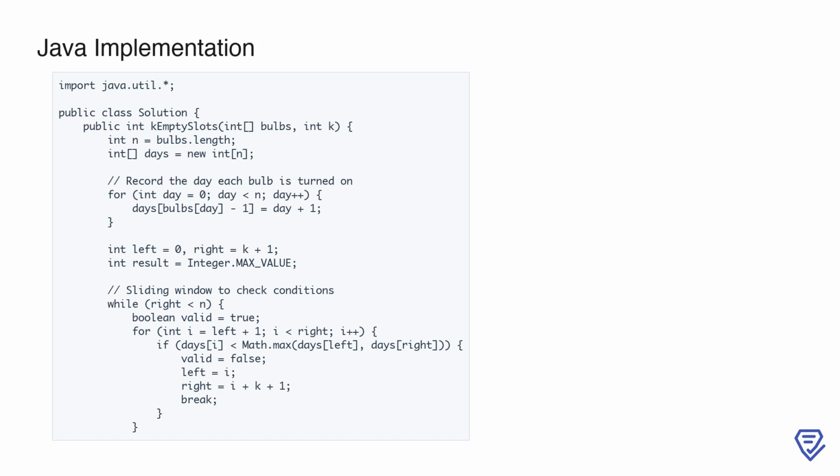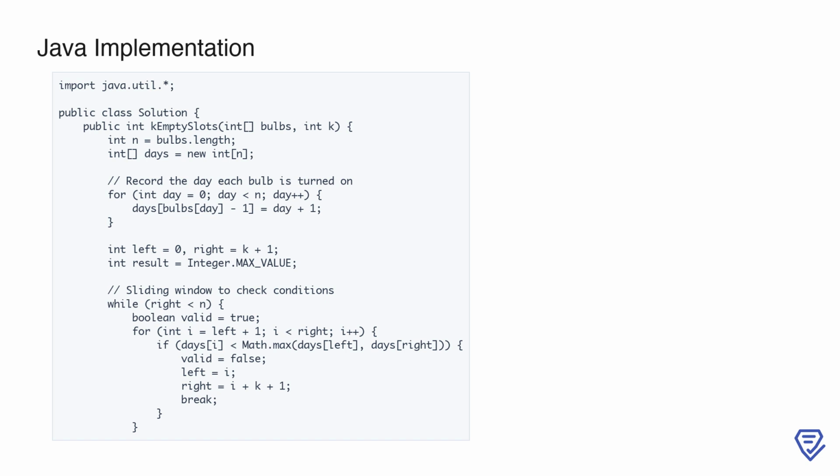Here, we start by importing the necessary Java utilities and defining our solution class. The method kEmptySlots takes 2 parameters, an array of integers bulbs, which represents the order in which bulbs are turned on, and an integer k, which specifies the required number of empty slots between 2 bulbs. First, we determine the number of bulbs, n, and initialize an array days of the same size.